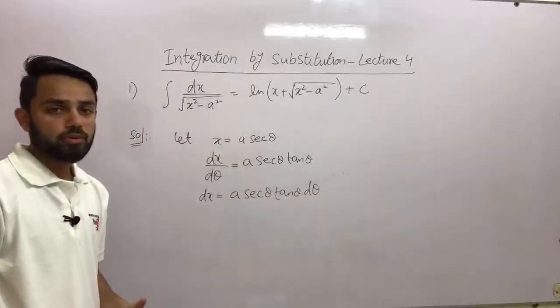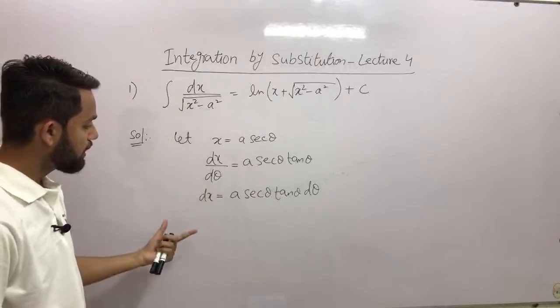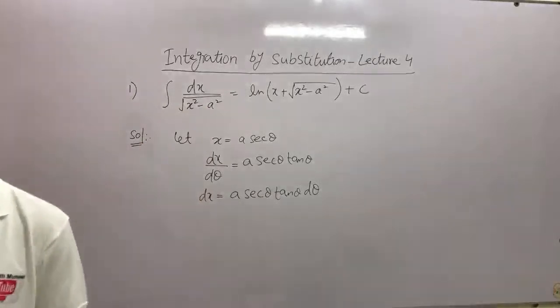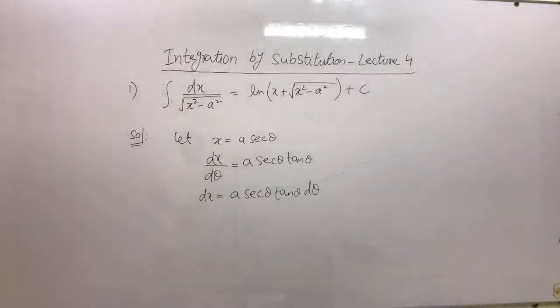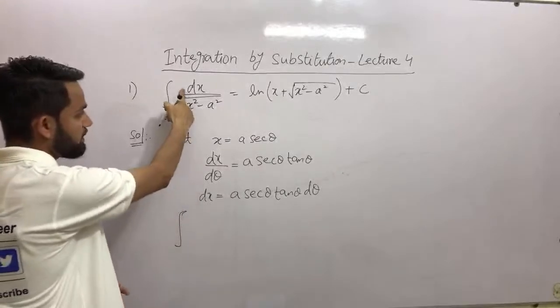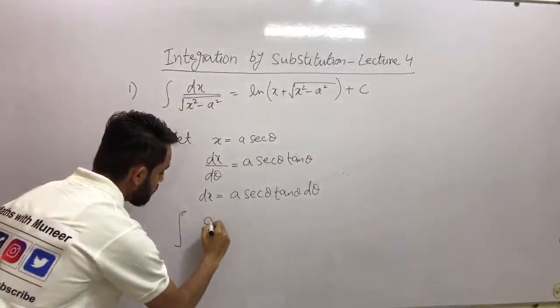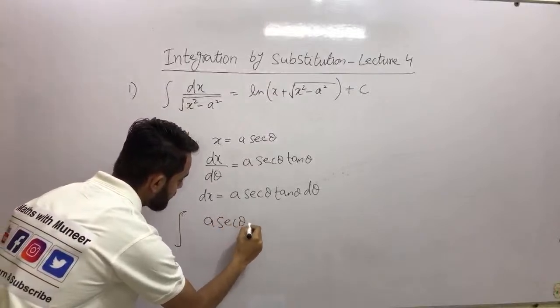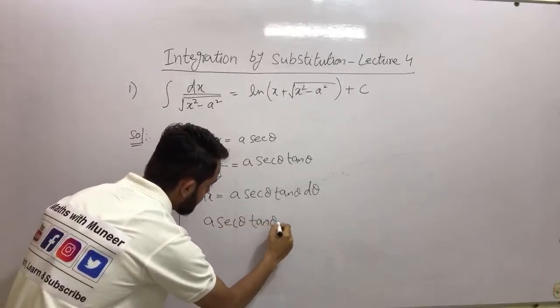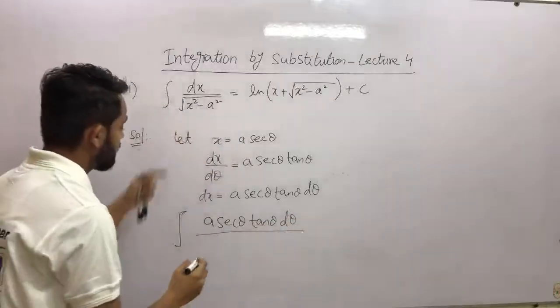So now we are going to plug in these values. Let me see if I have space below. Yes, I still have a margin to write. Now in the integration, instead of writing dx, I will plug in this value. So it would be a secant theta tan theta d theta over the square root.